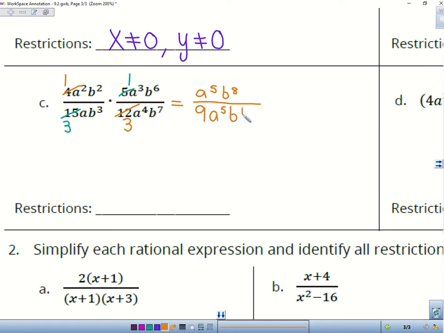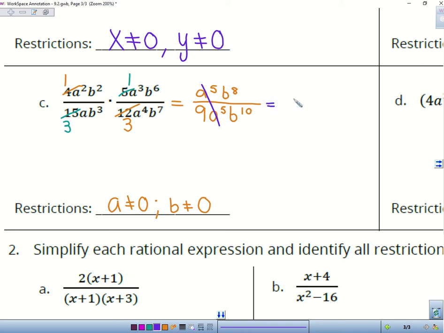Is everybody with me on how I got to this point? What would be my restrictions? 0 on both. Does anyone have any questions about what I have in the orange right now? You see how I got there? Now we're going to go ahead and cancel. What is a to the 5th divided by a to the 5th? 1. Those completely go away because they have the same exponent, same power, everything.